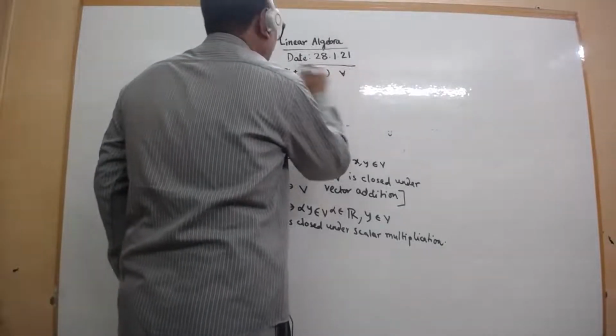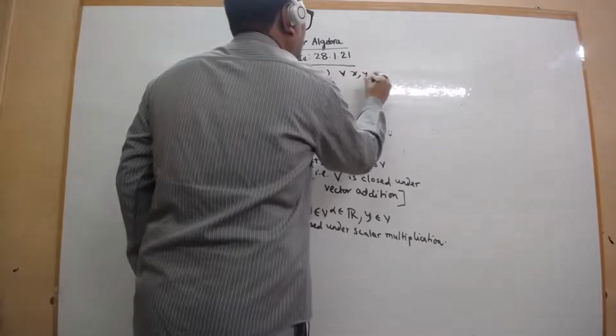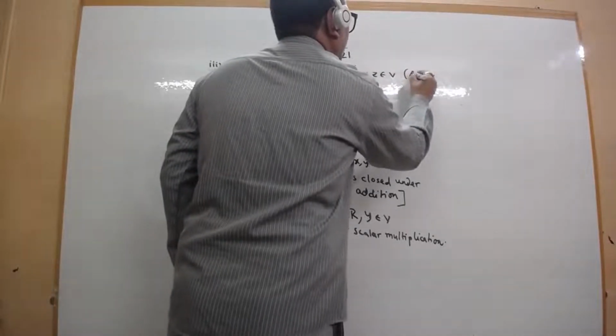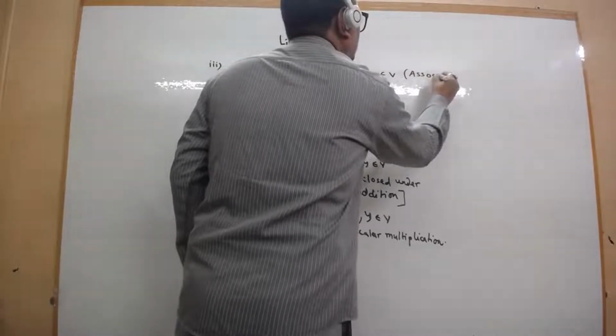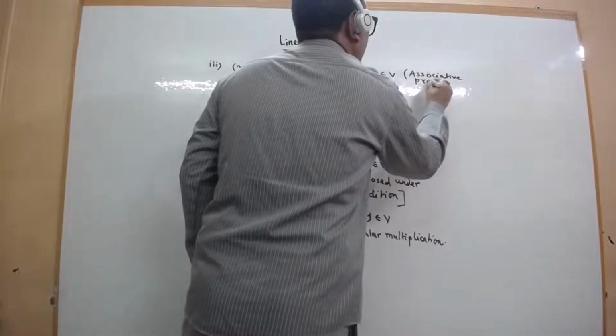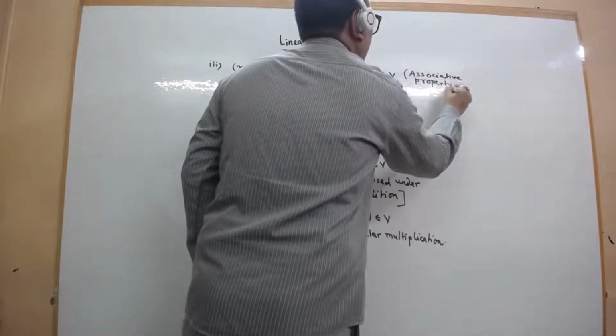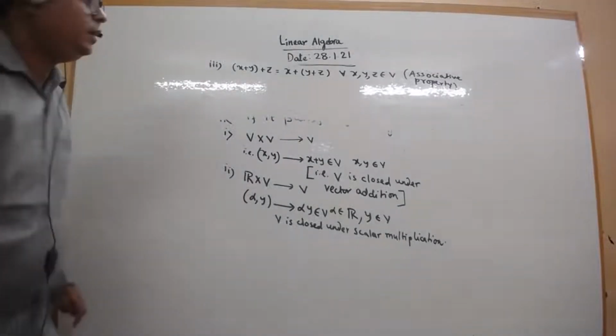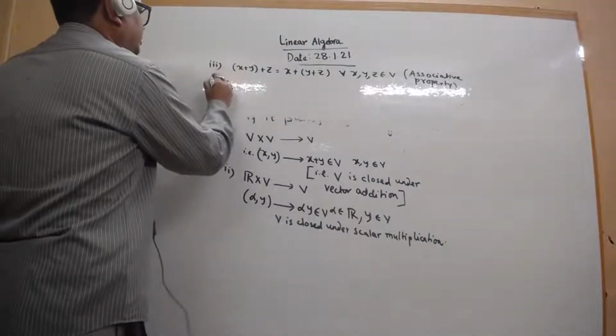If this is true for all x, y, z in V, this is called the associative property.